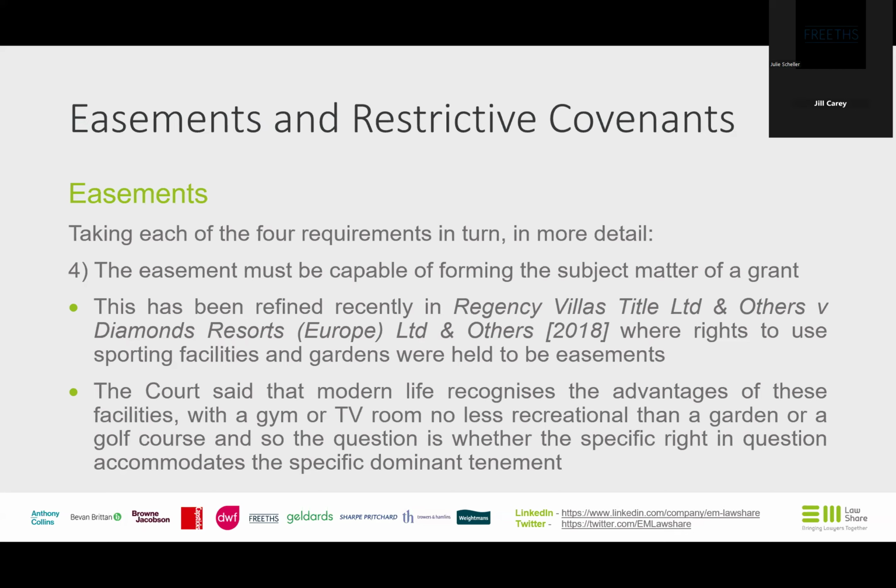And in that case, the court said that modern life recognizes the advantages of those facilities and that a gym or a television room is not necessarily recreational, or no more recreational than a garden or a golf course. And so the question now is not so much, is it just for fun, as is it a specific right that can benefit that specific property? And so in that case, those people did get their easement.